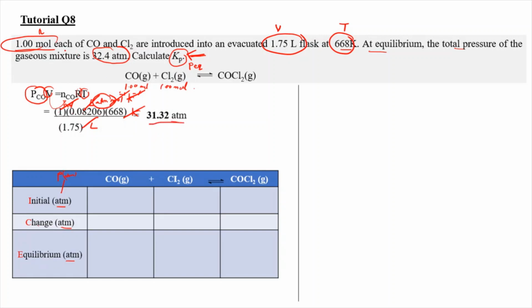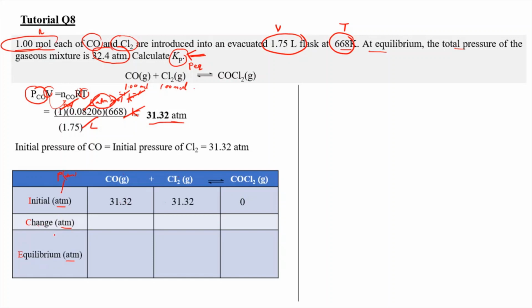And since the number of moles of CO and Cl2 are the same, we can say that the initial pressure of both of them is 31.32 atm. So now we have obtained the initial partial pressure for both of these reactants. We plug in the values here, 31.32 and 31.32, and at the initial stage, the product is 0.